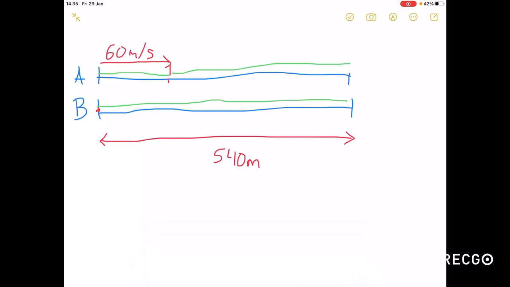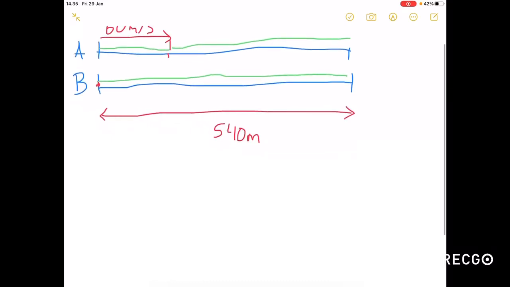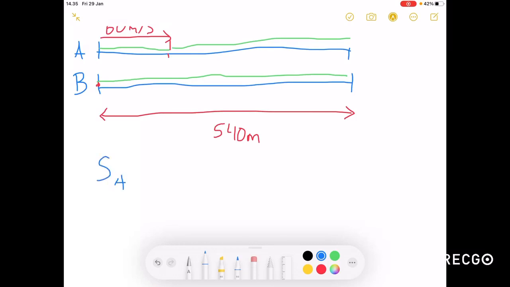Alright, so first let's find the time needed for car A to complete the race if its average speed is 60 meters per second. So I'll just write S of A. S of A means speed of car A. It will be the total distance covered by car A, which is 540 meters, just the length of the race, over its average speed.